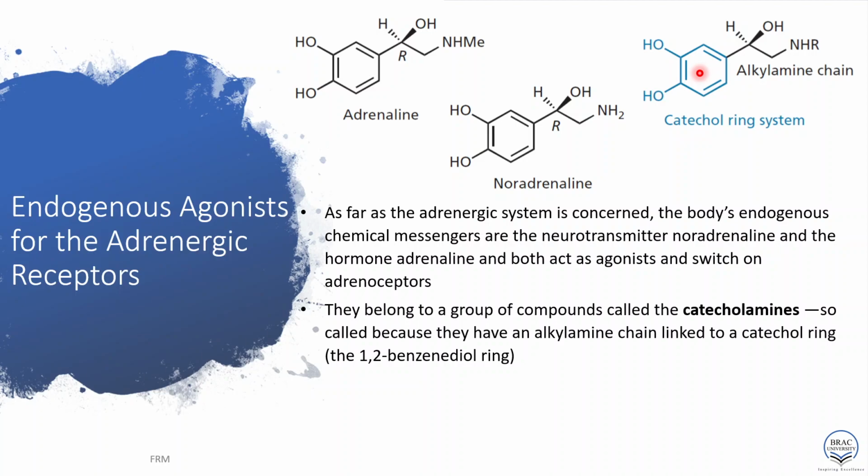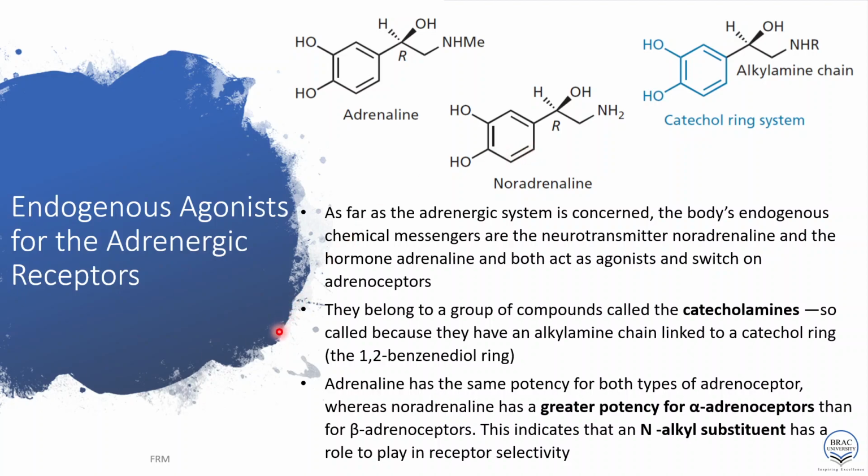And this catechol ring, and this is an amine, right? This amino group with this alkyl amine, and there could be two or three carbons there. So this is the alkyl amine and this is the catechol ring. This is the common structure of the catecholamines like adrenaline, noradrenaline, and dopamine. You will be seeing that.